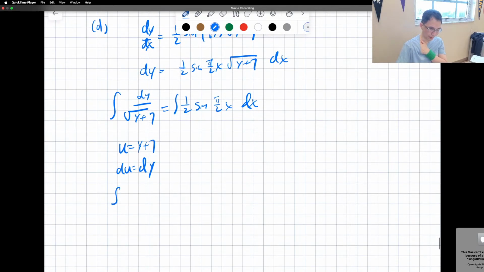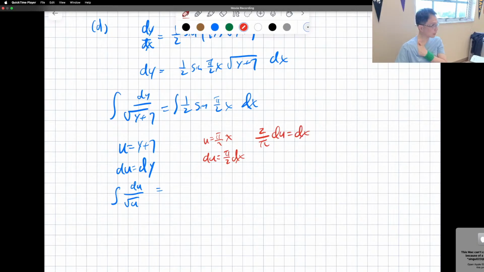So therefore it's going to be square root u du equal to, now over here u equal to pi over 2 x, du equal to pi over 2 dx, and 2 over pi du equal to dx. Now this is the hard part on the right side. So that's going to be 1/2 sine of u, and this one is going to be times 2 over pi du.